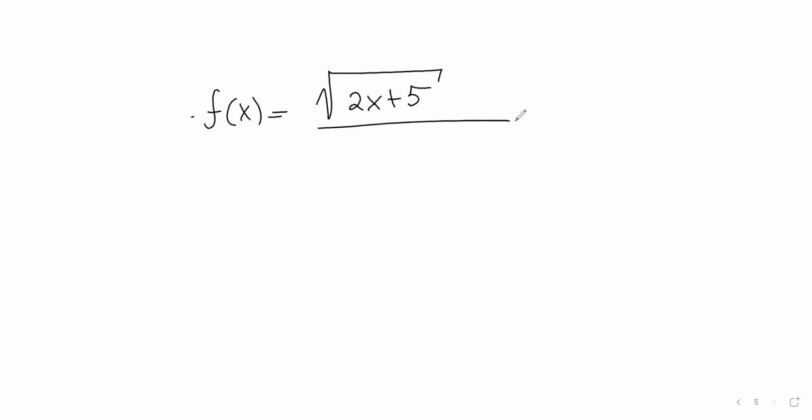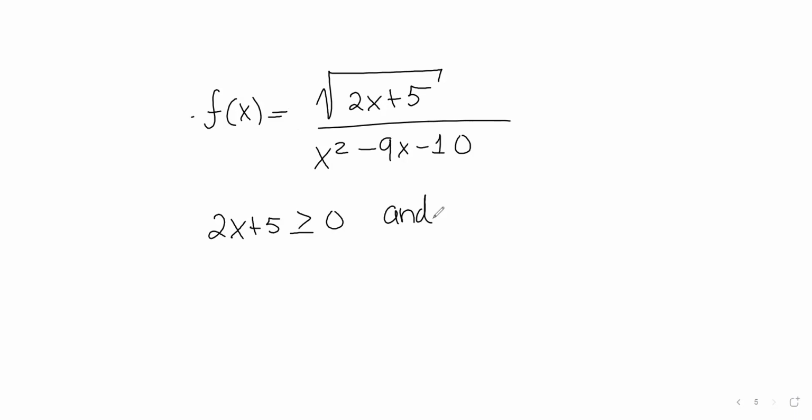So the last scenario would be you have the square root of 2x plus 5 divided by x squared minus 9x minus 10. So I'm going to look at the radical. It must be greater than or equal to 0.